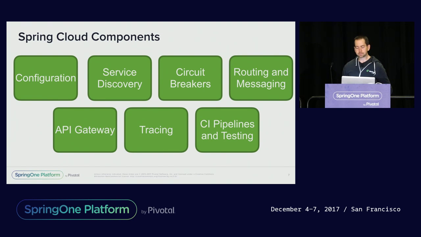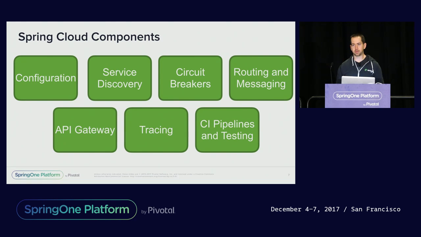And then finally, CI pipelines and testing are very important, right? From a CI pipelines point of view, you're not going to really be a true cloud native application with all the flexibility that comes along with that if you can't automatically build and deploy your applications.